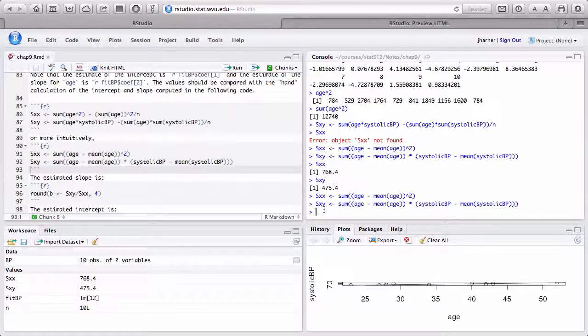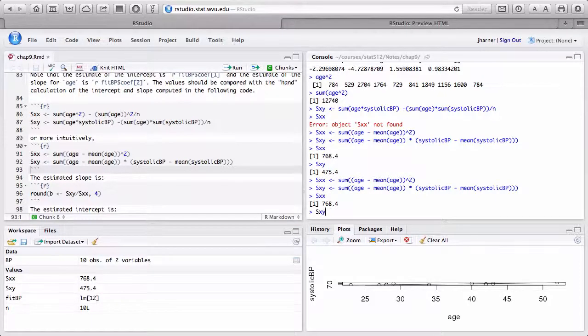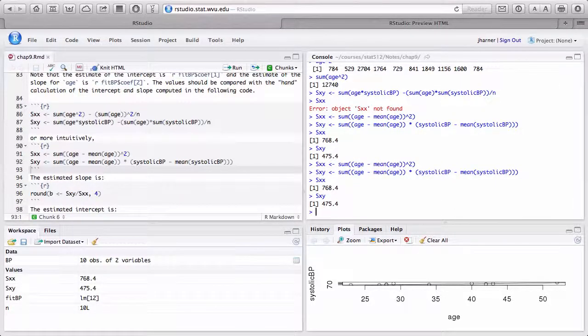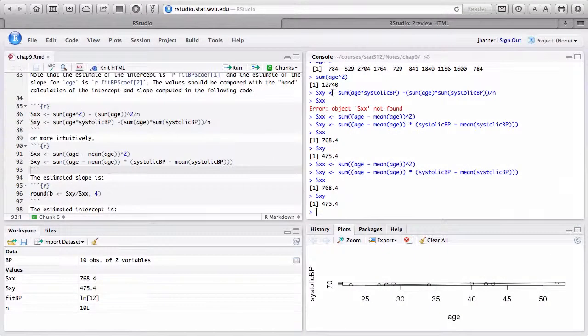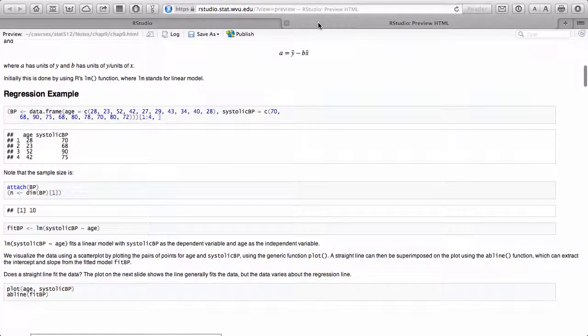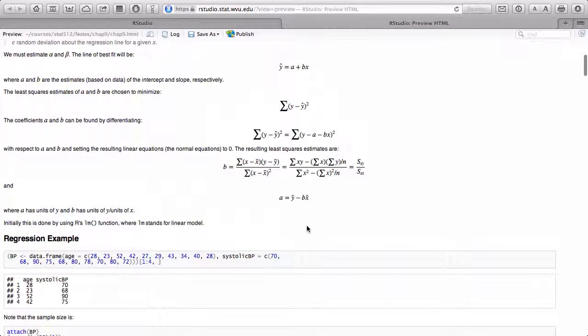And then if I look at the values, I did it differently. So there's S sub xx and S sub xy. And of course, those are exactly the same answers. So in other words, we kind of verified the fact that, when I say b equals, the first expression on the right is the same as the next one, algebraically.